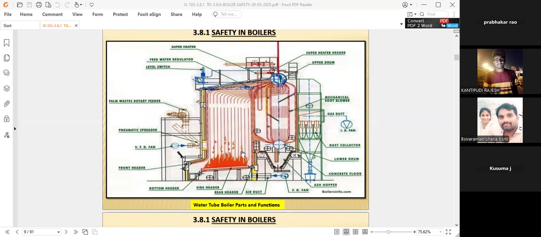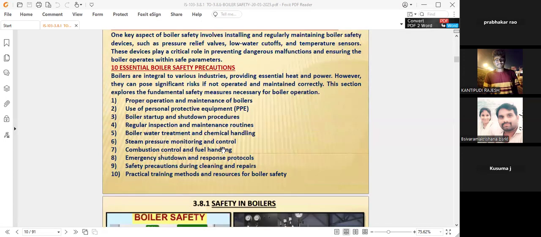At that time, we have to see that the FD fan air is controlled very nicely and the coal is combusted properly, and there should not be any unburned carbon found in the ESP dust. That's why the ESP dust is also to be sent for lab testing.